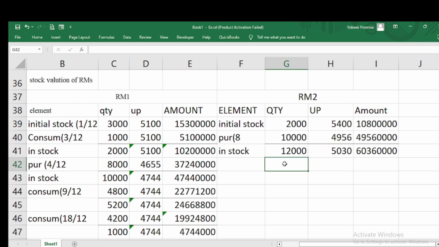Consumption on the 11th. Consumption on the 11th. How many units? Of 6,000. Consume at 530.